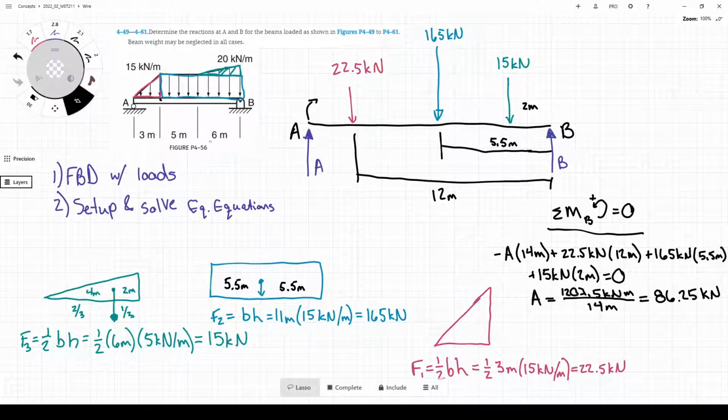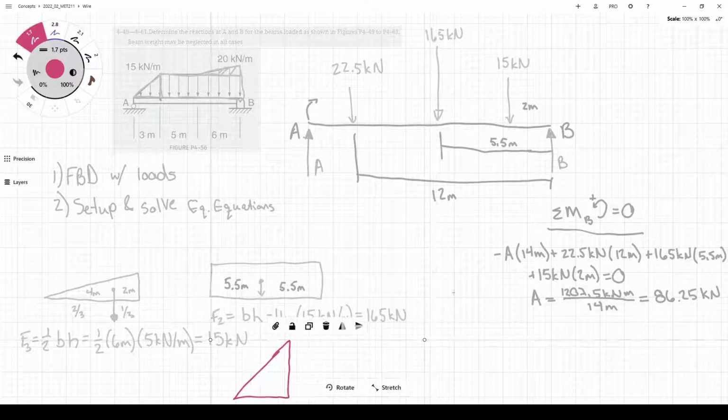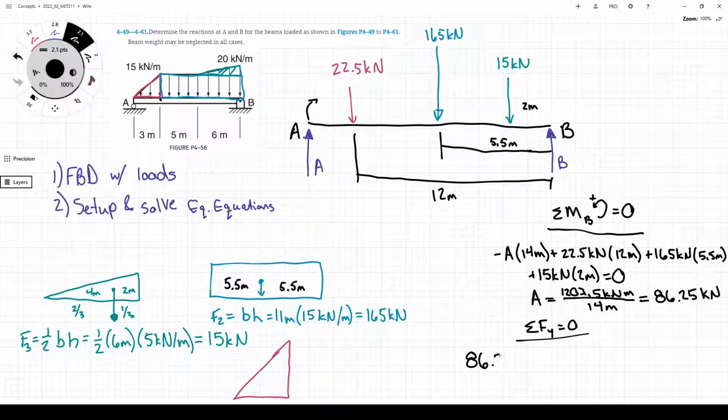Now I'm going to move this out of the way. Now we can do our second equilibrium equation. We're going to do the sum of forces in the y direction is equal to 0. So we've got A is a positive force, and A we already know is 86.25. And we have minus 22.5, minus 165, minus 15 kilonewtons, plus B equals 0.